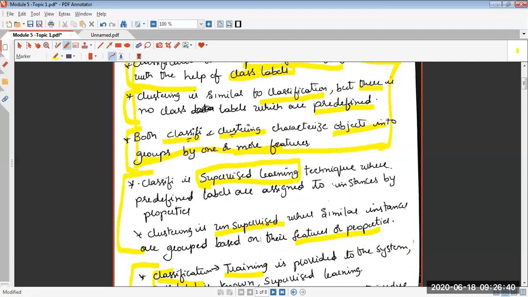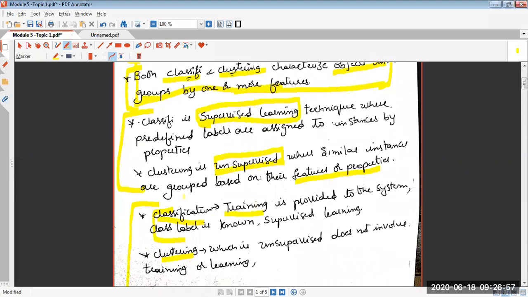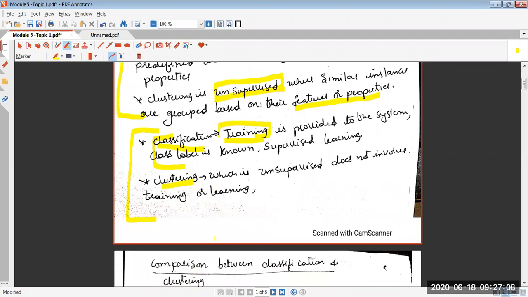You should tell what is class A, class B. But clustering is unsupervised, meaning that the algorithm itself will determine the best name for class A and class B. The third point, related to supervised or unsupervised: classification algorithms require training, whereas clustering does not require training.